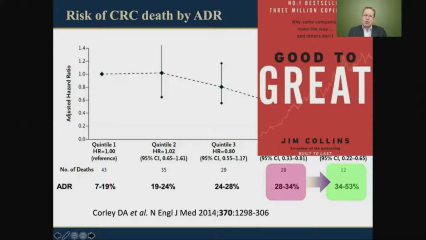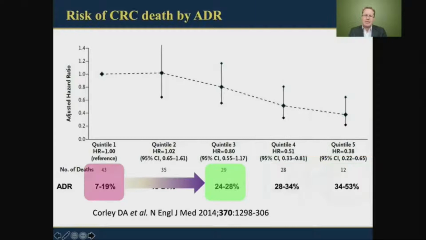This is perhaps a talk for those lower performers in your unit who you can help to be a better performer. Because if we're going to prevent post-colonoscopy colorectal cancer, this is what we need to achieve.